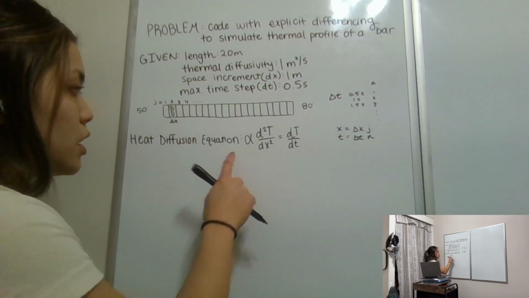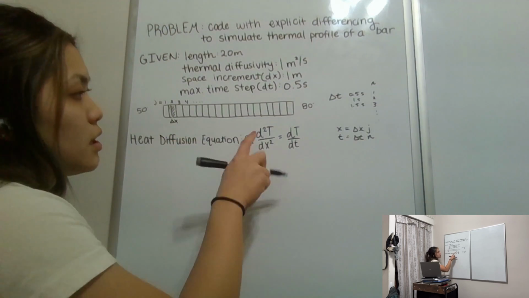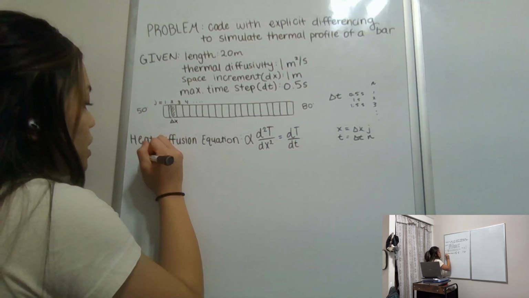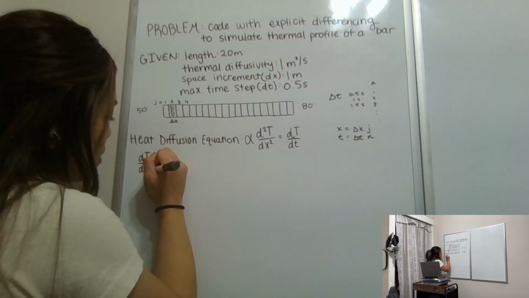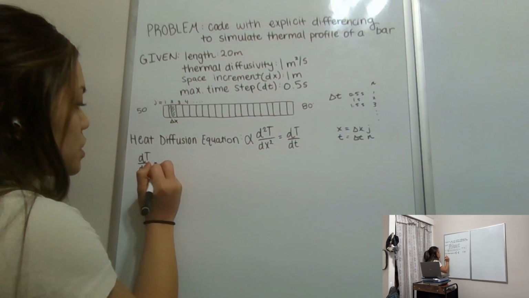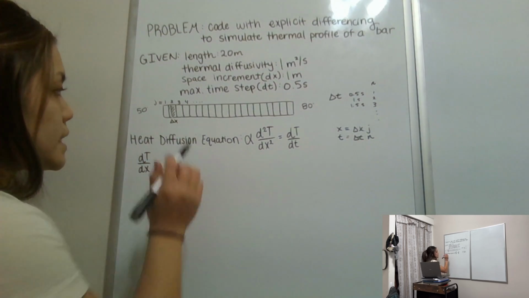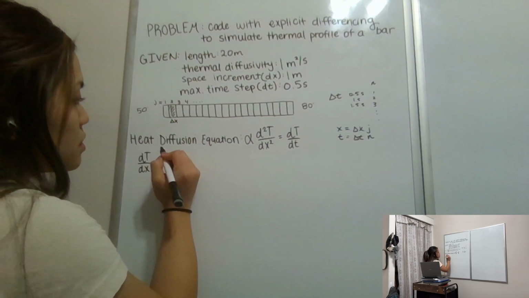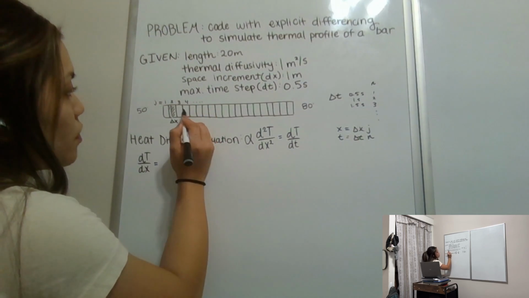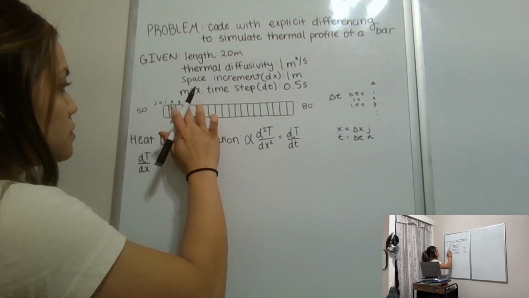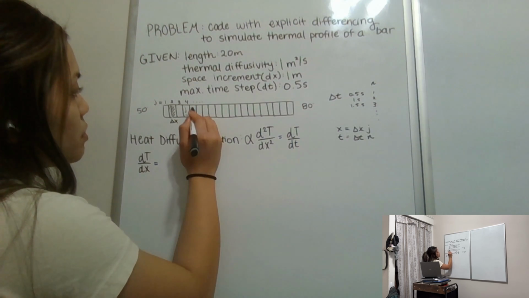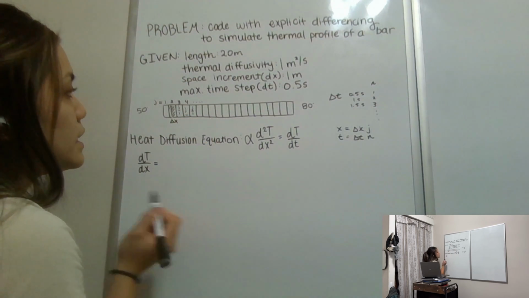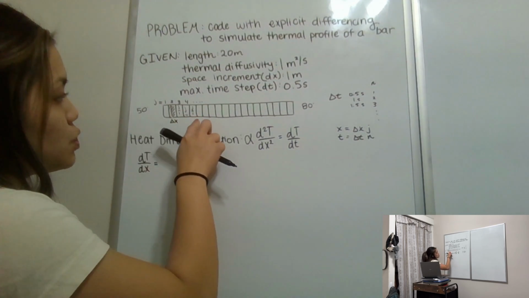Now we're going to give the approximation for the change in temperature with respect to position. If we take the first derivative of temperature with respect to position, we basically have the temperature of one block minus the temperature of another block. Let's call this block J, this block J plus 1, and this block J minus 1, and use these two blocks here.